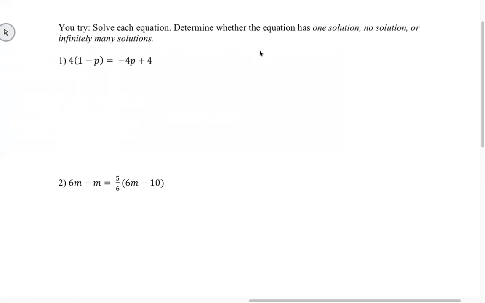If there's infinite solutions, you will write infinite solution. What I don't want to see on your paper is one solution. Okay? Never write one solution. If there is one solution, I need you to find that. So go ahead and do 1, 2, 3, and 4. I'm going to give you about 5 minutes, and then I'm going to go from there.